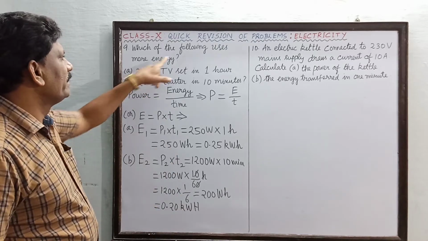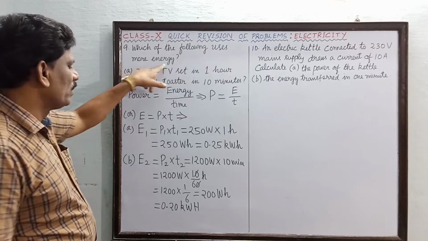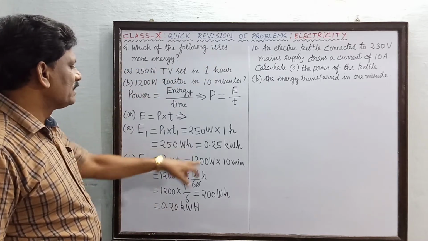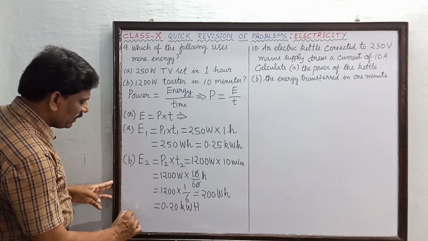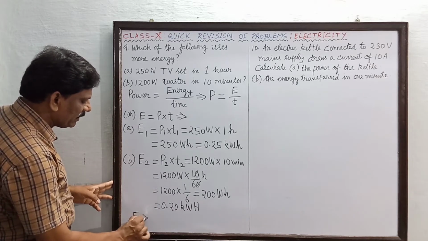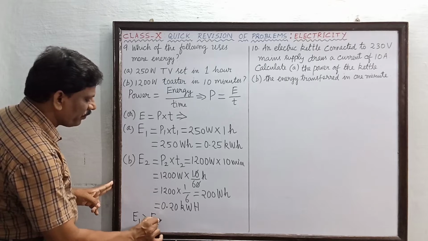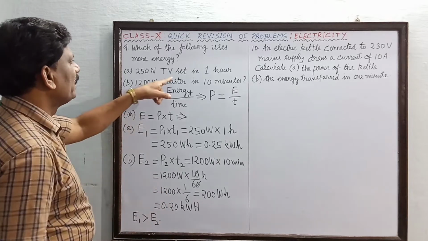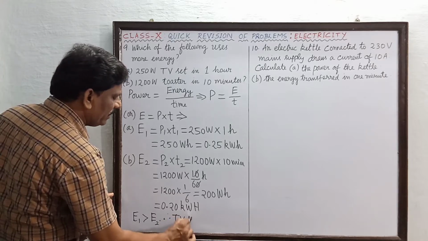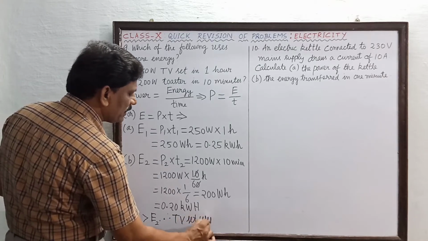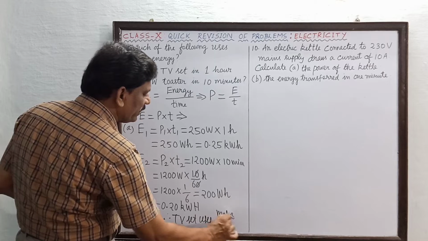What is asked here? Which of the following uses more energy? More energy is the first case. So E1 is greater than E2. Therefore, the TV set uses more energy.